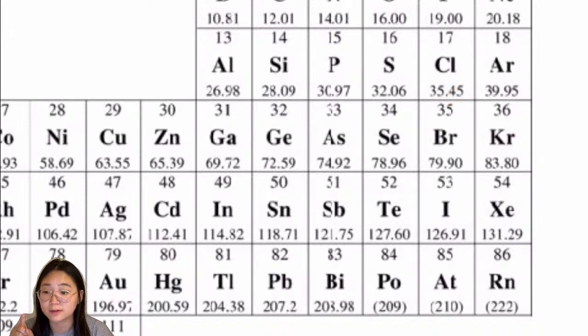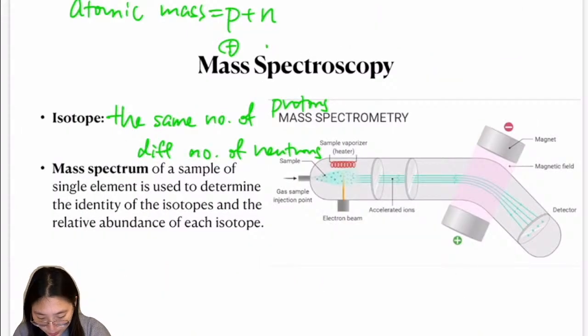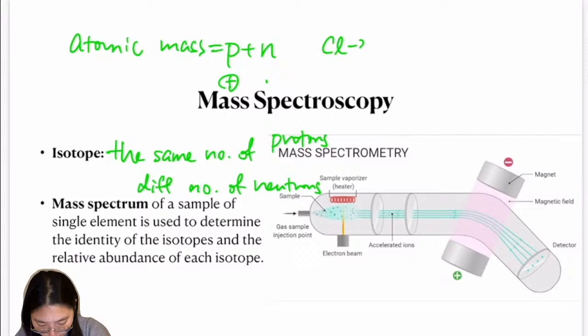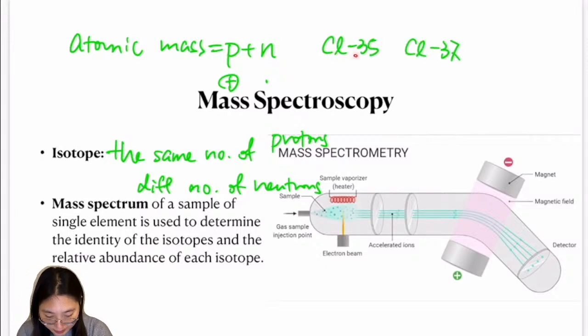And that's because of the isotopes. Chlorine has more than one isotope. Chlorine has two isotopes: one is chlorine 35, and the other one is chlorine 37. What I mean by 35 and 37 is the atomic mass.